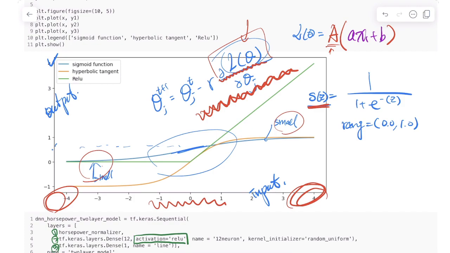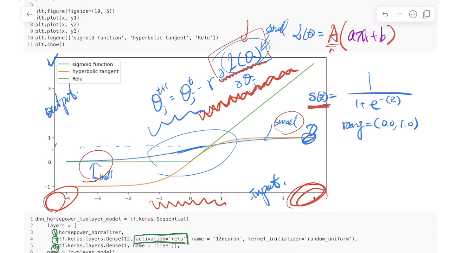If you input a very, very large number right here, your slope will become 0, and your gradient will become very small, so your gradient descent will not perform well.